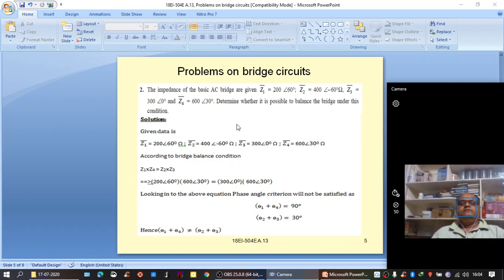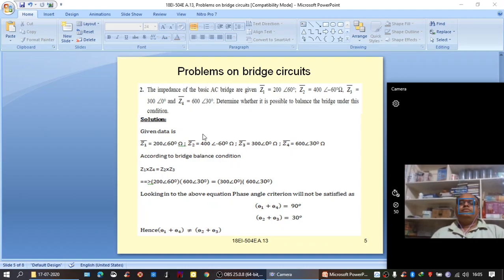Now determine whether it is possible to balance a bridge under this condition or not. That is, four arms are placed in a bridge circuit. We have to check whether the bridge can be balanced or not. That is, whether the output of the bridge can be made zero or not.